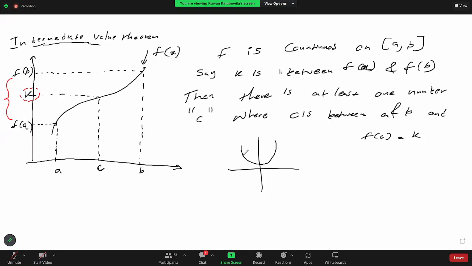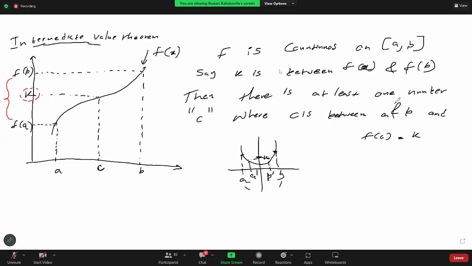If you take a range [A, B] this way and consider some K value at this point, you have two values, A dash and B dash, in this range.